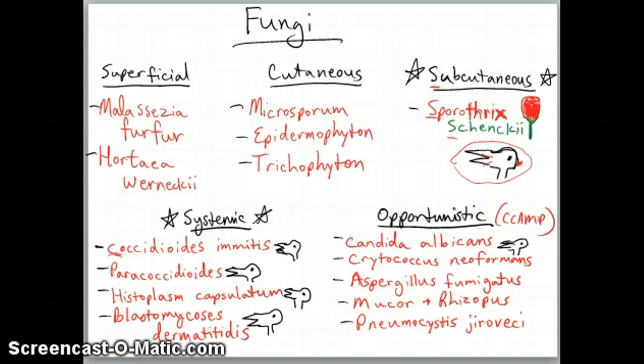Mucor and Rhizopus are non-septate, they are not septated, and they can cause mucormycosis. The disease is mostly in DKA patients and leukemia patients, and it causes a purulent disease, with black pus exuding from the ears, eyes, and mouth. That's pretty awesome, right? The fungi can proliferate in the blood vessel walls when excess ketones are present.